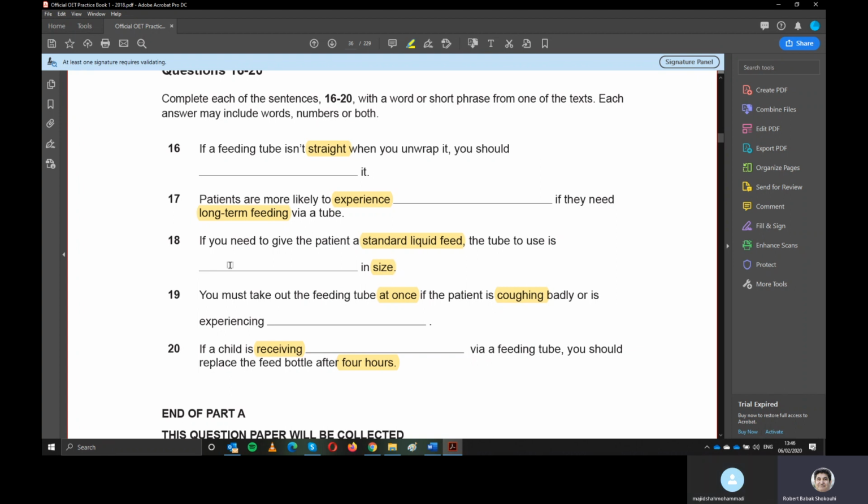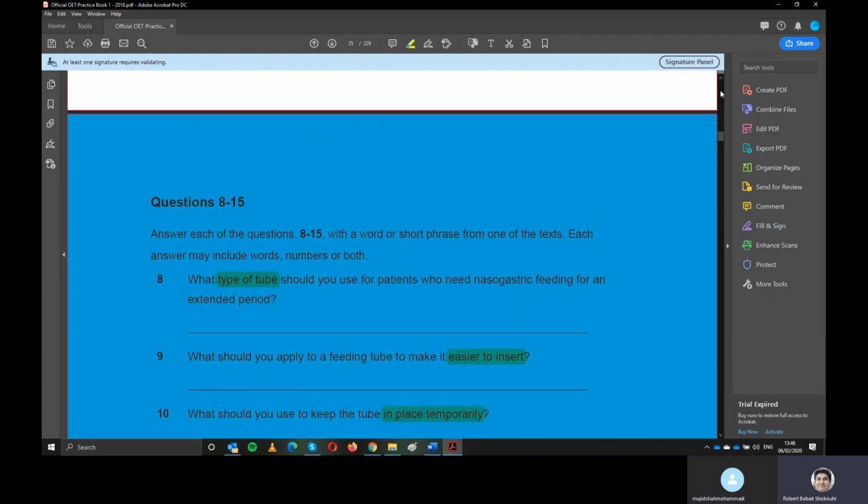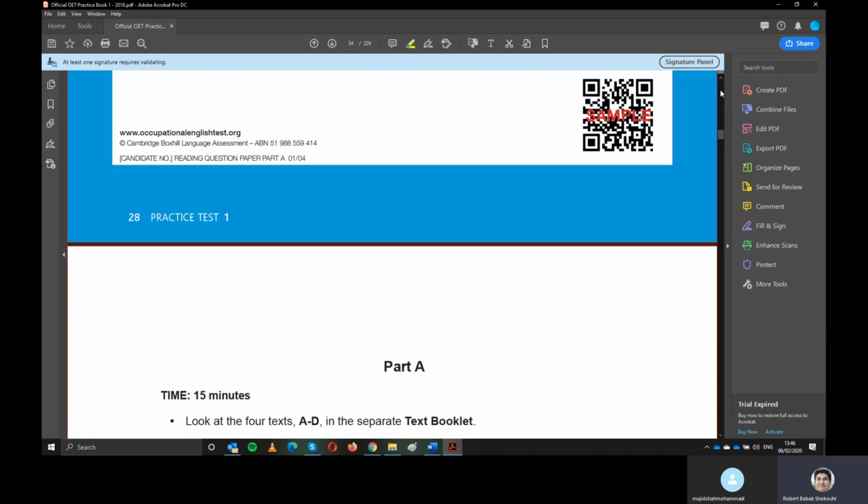And experiencing breathlessness, that one was also 6, but we need to say finer or smaller, or what word we should use, because the word needs to be in the text.